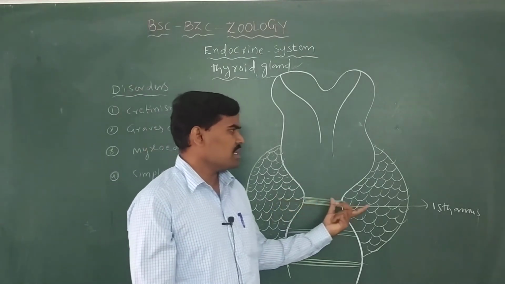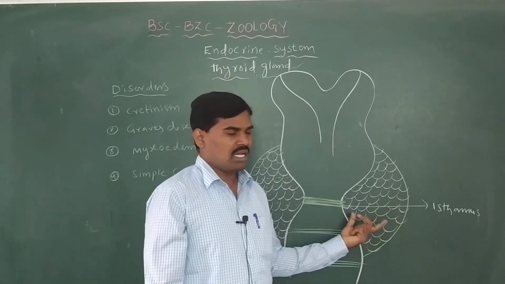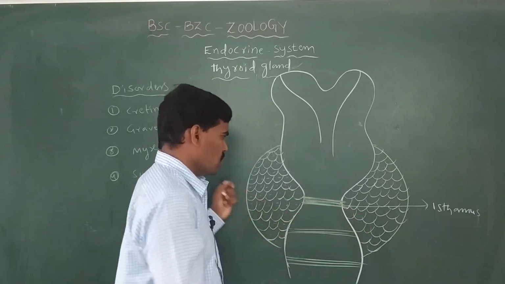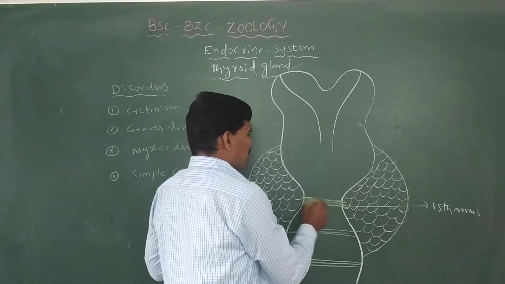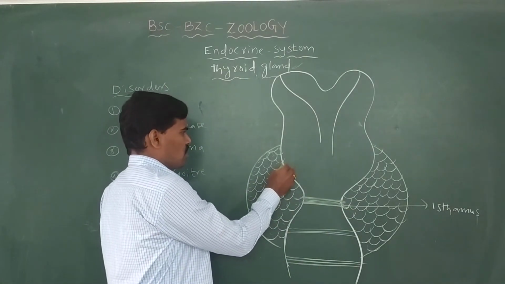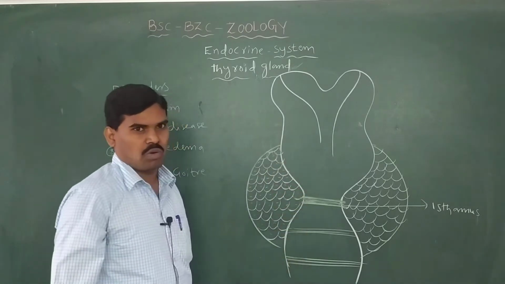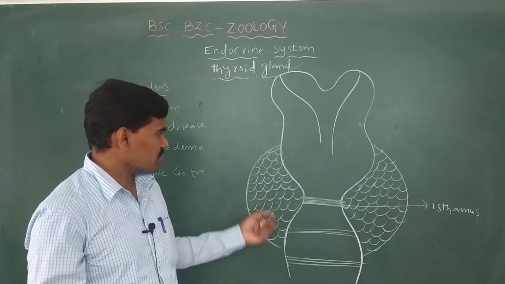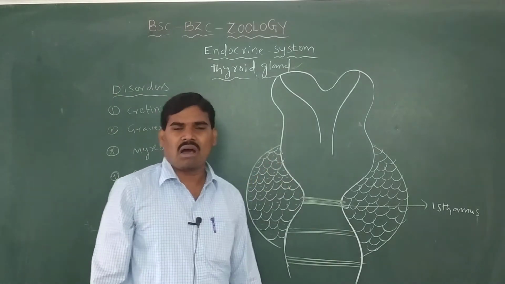The two lobes are connected by the isthmus part. Each lobe has a number of lobular follicles, and each lobular follicle contains the hormones.